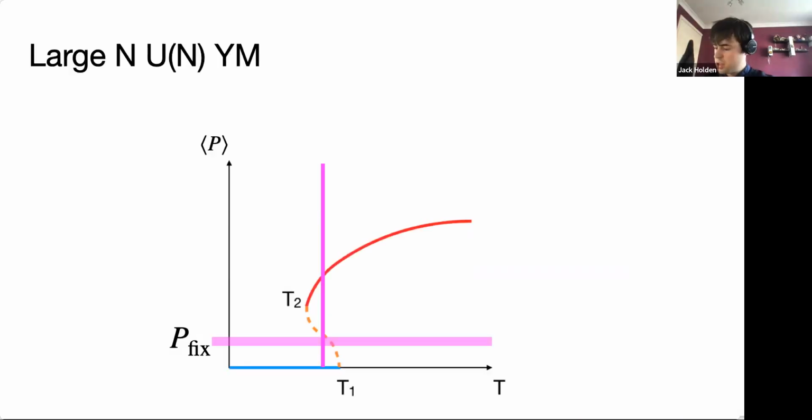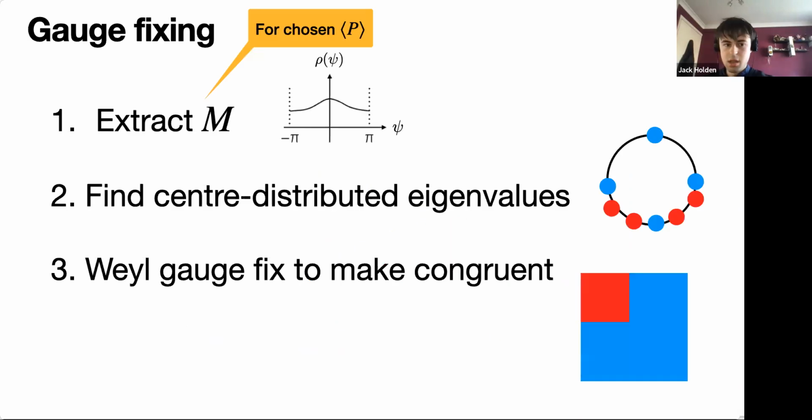So now we probe the saddle by choosing some value of P. In order to be able to define P-con and P-dec and make measurements, we have to know how to fix the gauge and identify the confined and deconfined eigenvalues. To do this, we run a simulation first, just to get the number of deconfined colors M for the value of P fix we've chosen.